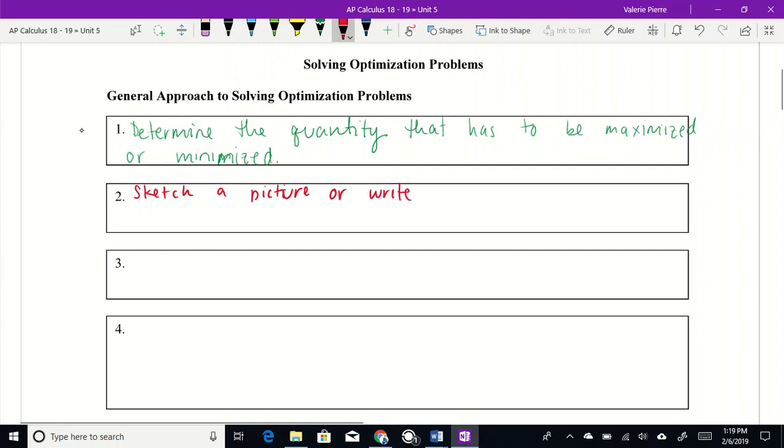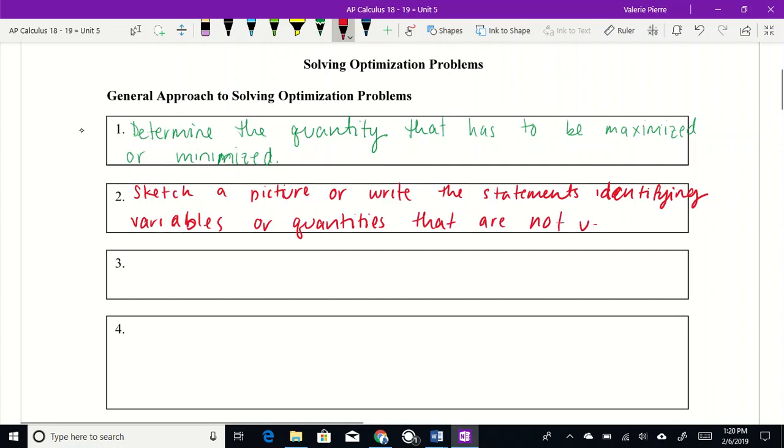Or write the statements identifying variables or quantities that are not valid or valued.